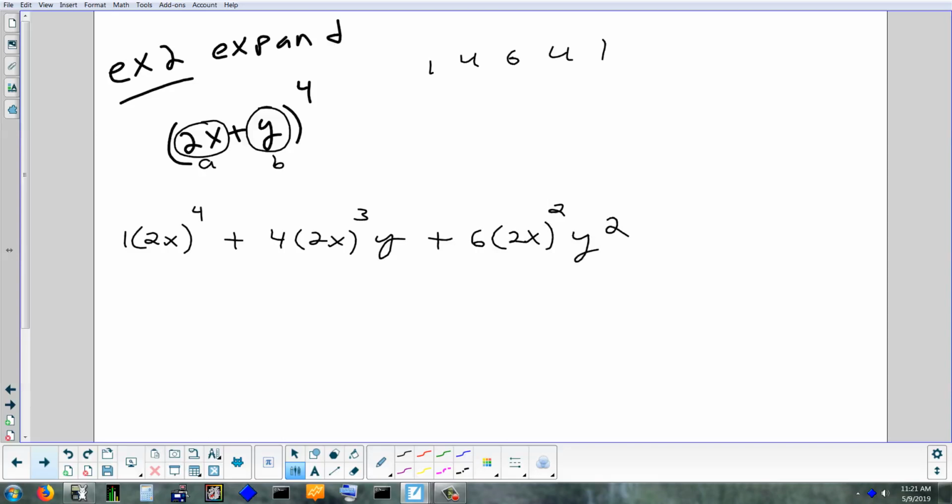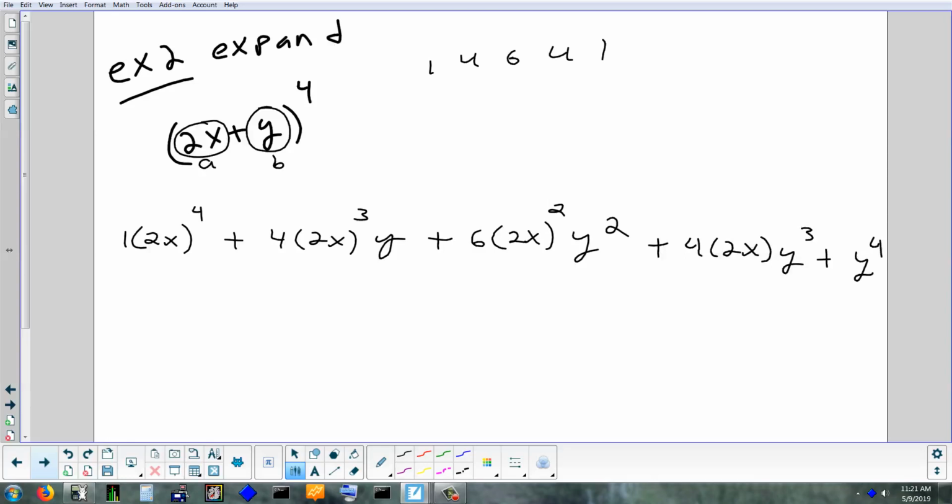So 6, 2x squared, y squared. How about Kaya, my second to last term? 4 parentheses 2x, and then y to the third. Yep, y to the third. And my last term, now the 2x term is gone, and the coefficient is a 1. So it's just 1y to the fourth, or just y to the fourth.